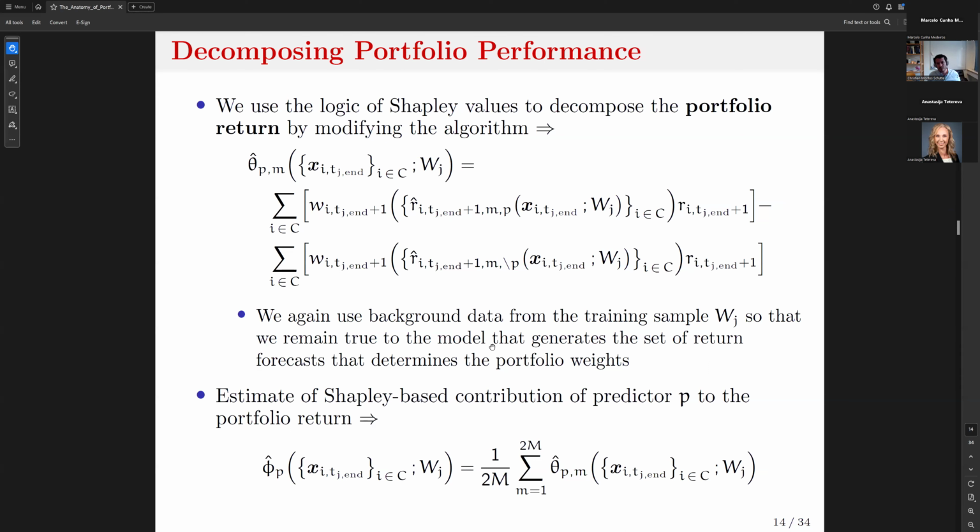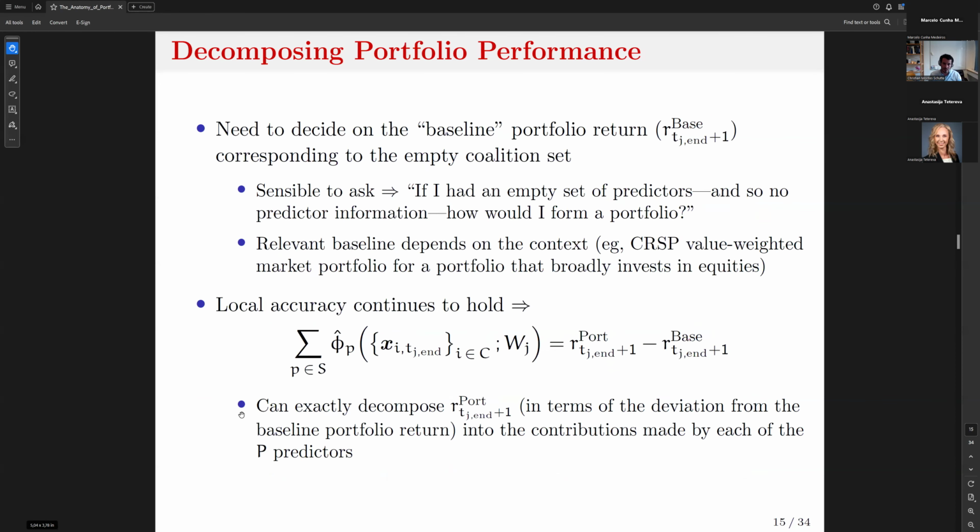We again use background data from the training sample so that we remain true to the model, to integrate out all the predictors that are not in the coalition. And then you estimate the Shapley value contribution of predictor P to the portfolio return using the same idea: you just take the average of the marginal contributions.